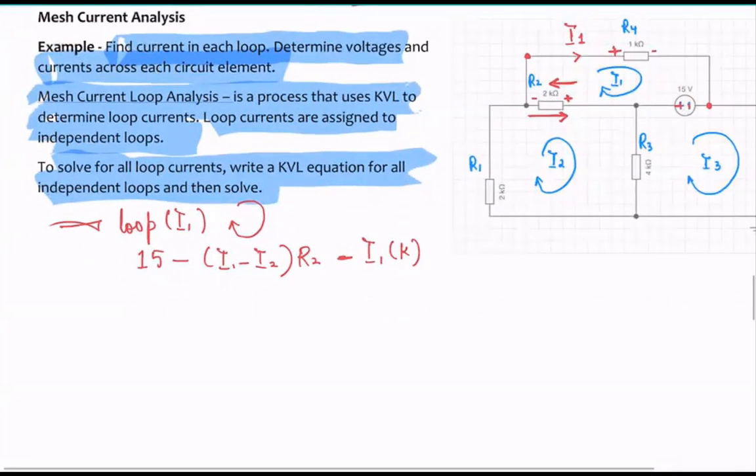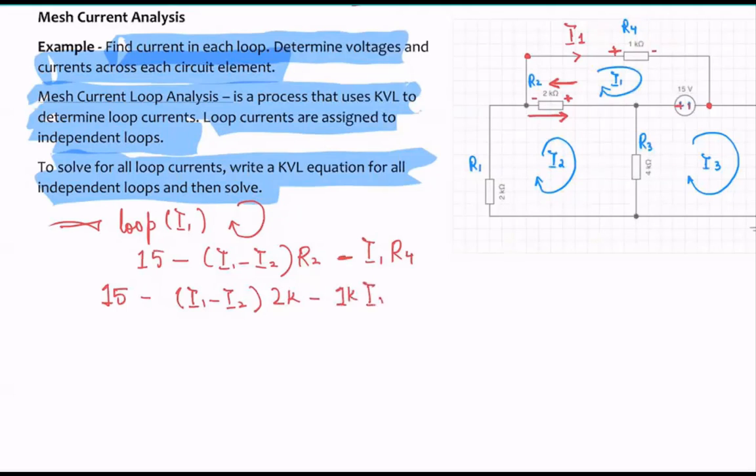Okay, let's plug in the value here for, actually, you know what, instead of, I'll just write R4, and then next step I'll plug in the values. It's going to R4. So let's plug in the values. Voltage source is 15 already, and we know that 15 minus I1 minus I2, this is something that we have to find out. R2 is 2 kilo ohms, okay? And then this is 1K, right? So 1K I1.